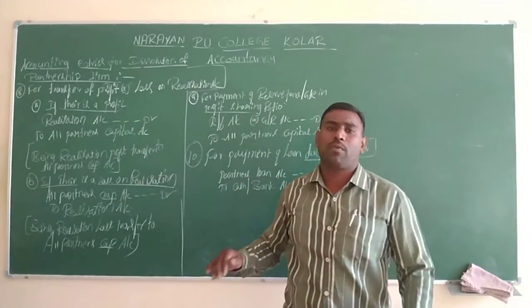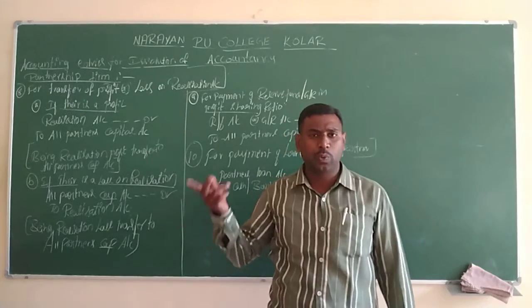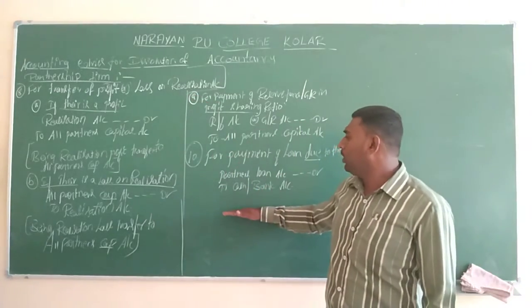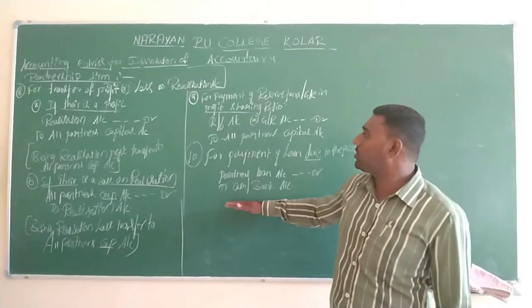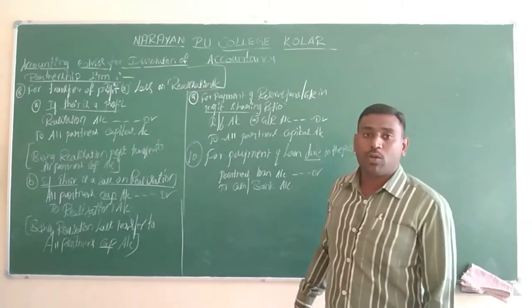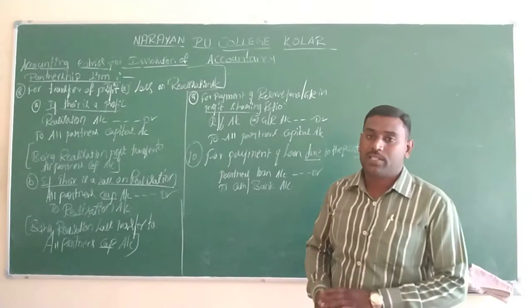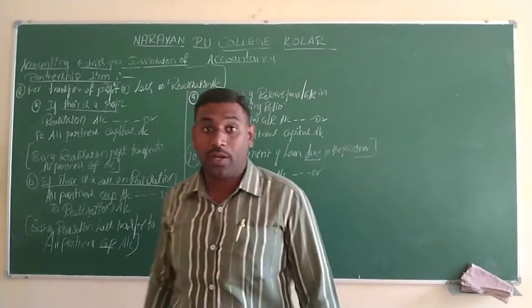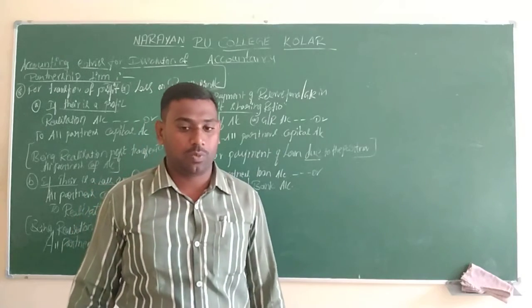They may ask entries number 1, 2, 3, which are the steps, and also the journal entries in the second concept, the partners capital related journal entries. Out of these we have to write any one journal entry along with narration.